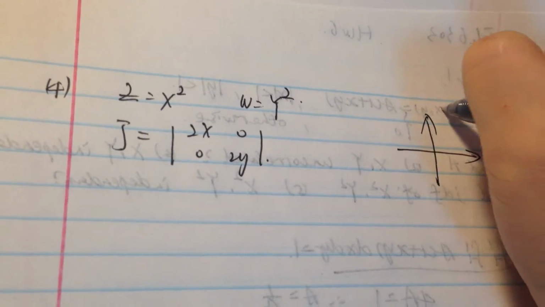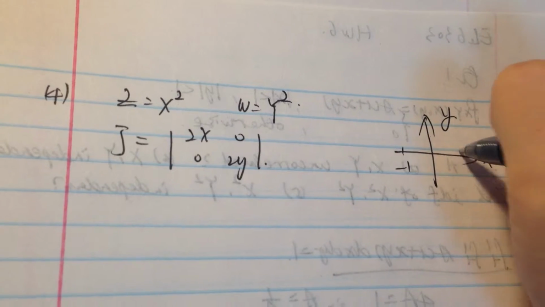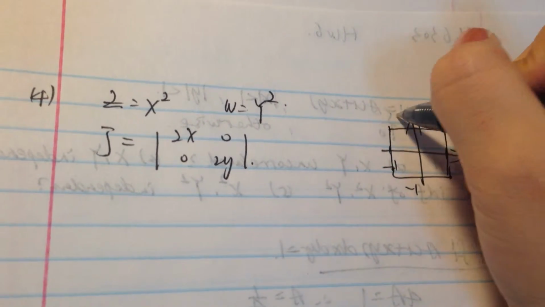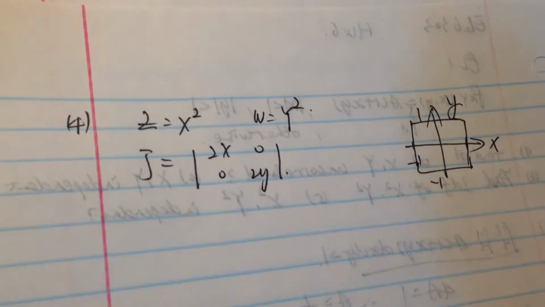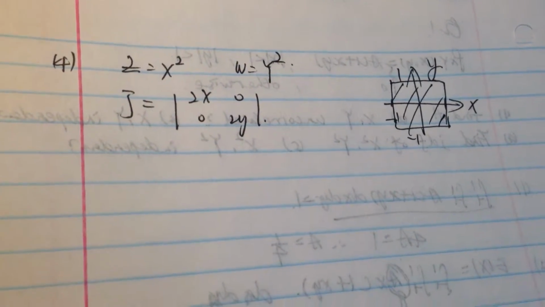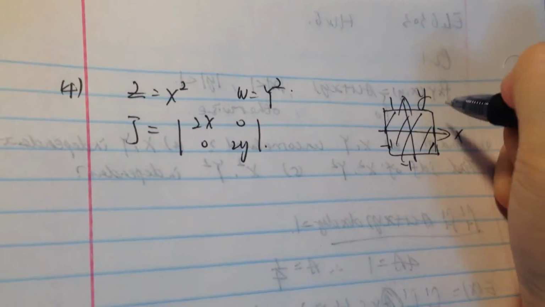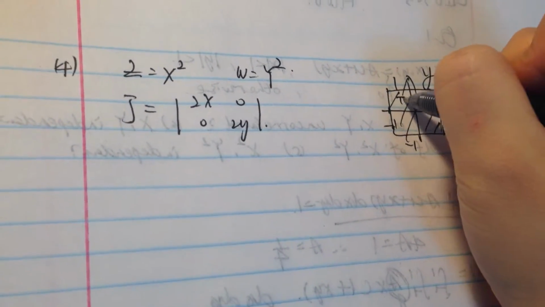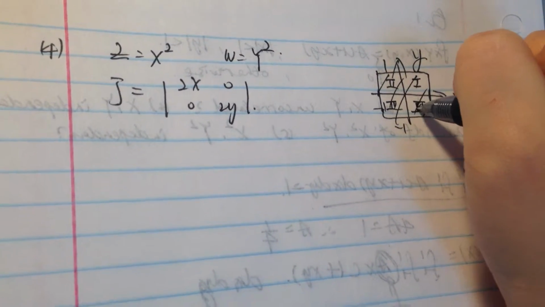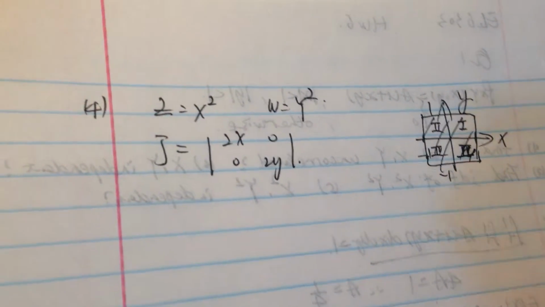I'm gonna draw that again. -1, 1. -1, 1. So here is the range of it. It could be divided into 4 parts. Here is the first one, the second one, the third one, and the fourth one.